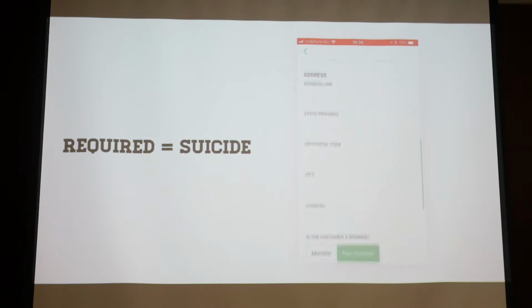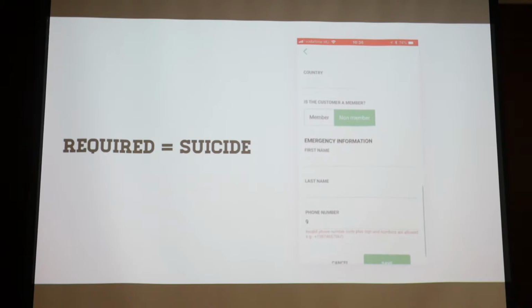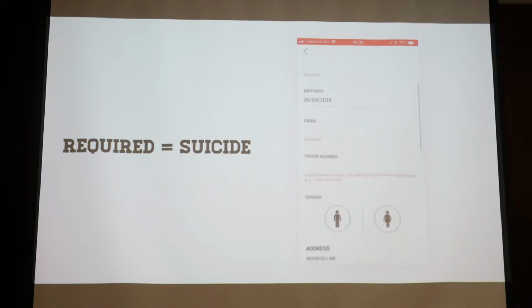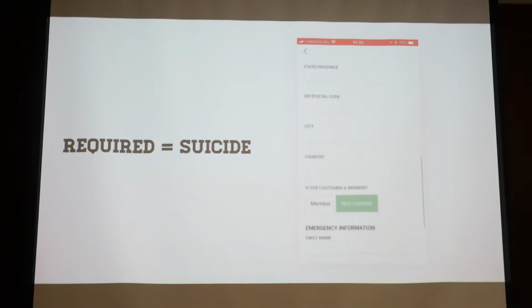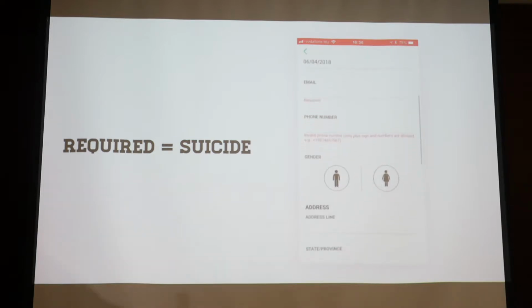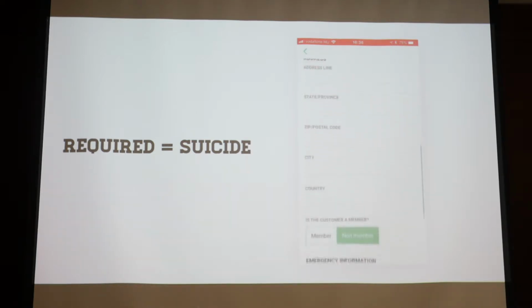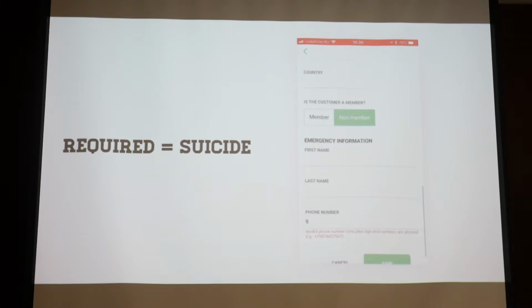This is why I'm saying that context is the most important part of the work. And this is something that designers and developers have to consider, because in this case, you could destroy this whole feature by making the fields required. Also, this is a GDPR nightmare. Yeah, pretty much.